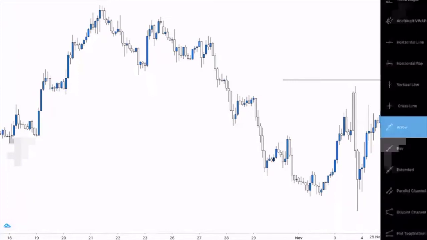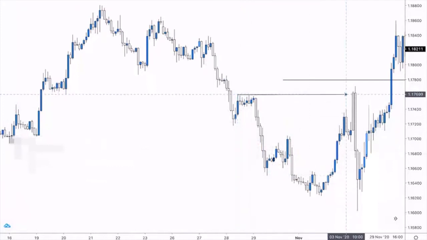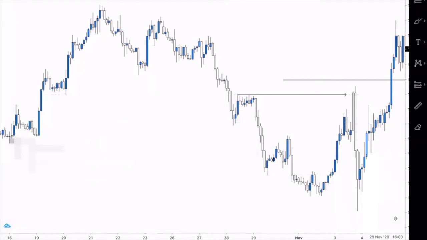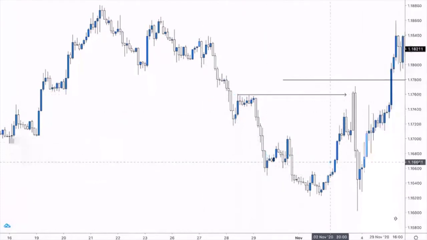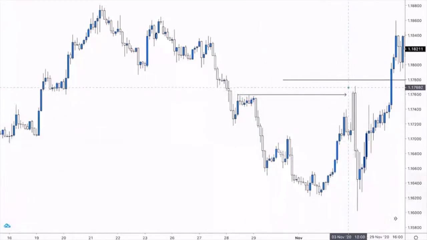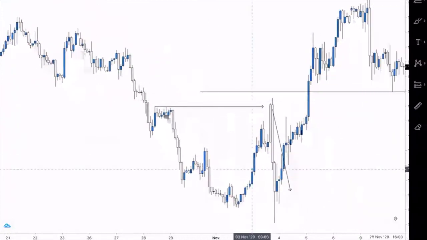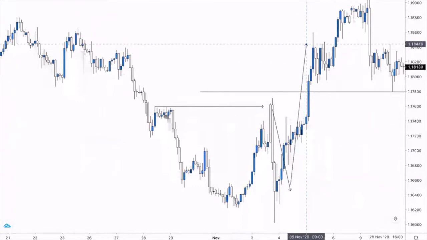So understand that when there's a break of structure, this right here would be the break of structure to change the direction, basically, because it broke that high. It didn't make a lower high, it made a higher high, right? So when it makes a higher high, you can expect the market to start trending in a different direction, which it started to do.